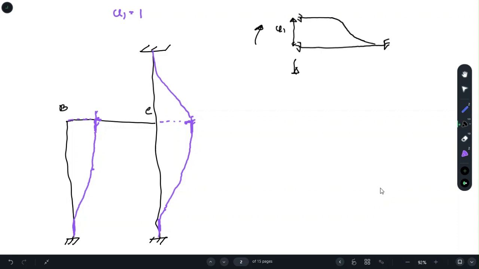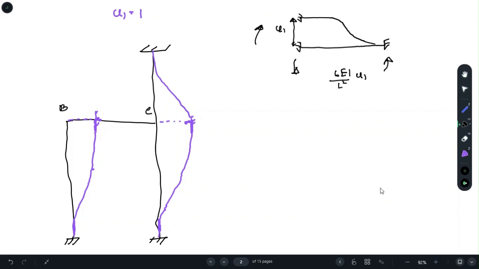The moment will be 6 EI over L squared multiplied by the displacement that happened, so E1.